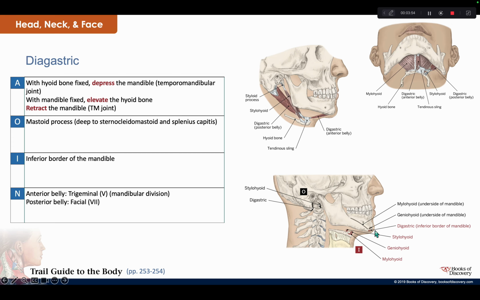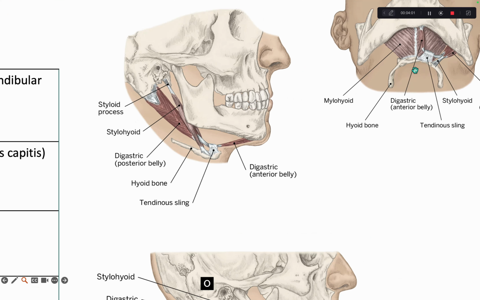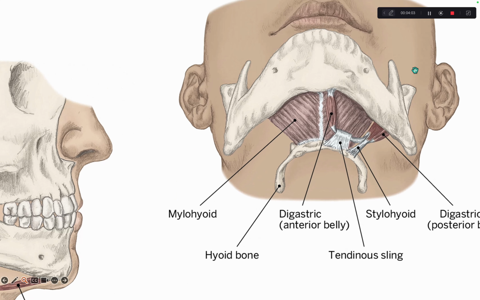All right, so that has an attachment point on the front of your jawbone. Here's another picture here, so you can kind of see. This is its tendon, see? Right on the mandible.